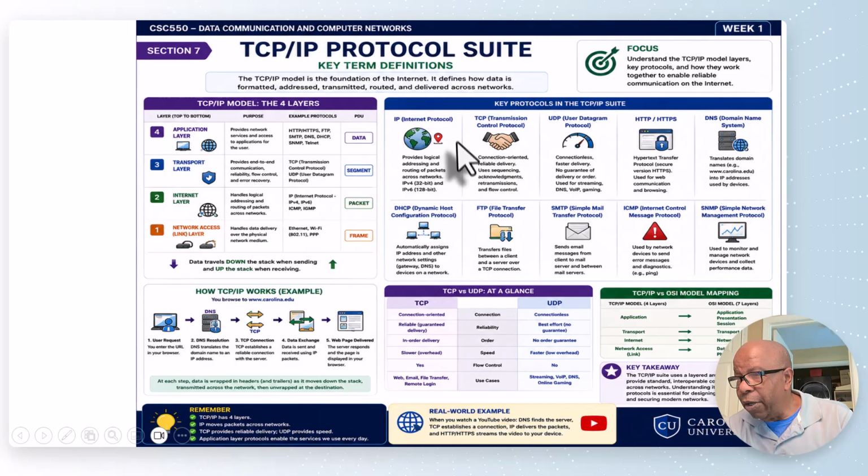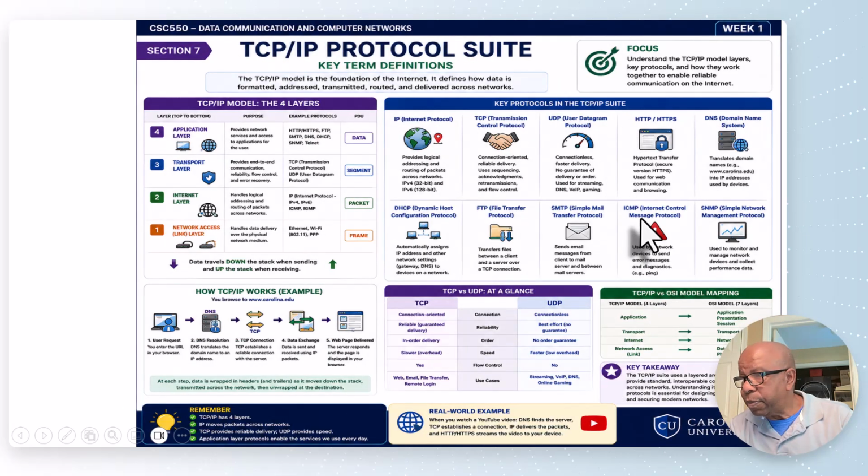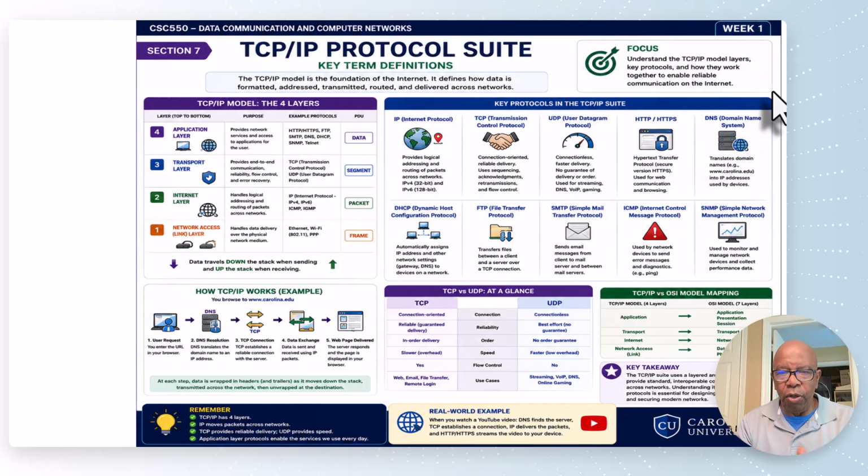The key points here are IP, TCP/IP, UDP, HTTP, and HTTPS. When we go to a website, in the domain name system, how do we identify it? We have a node, and each one of those nodes becomes a domain name.